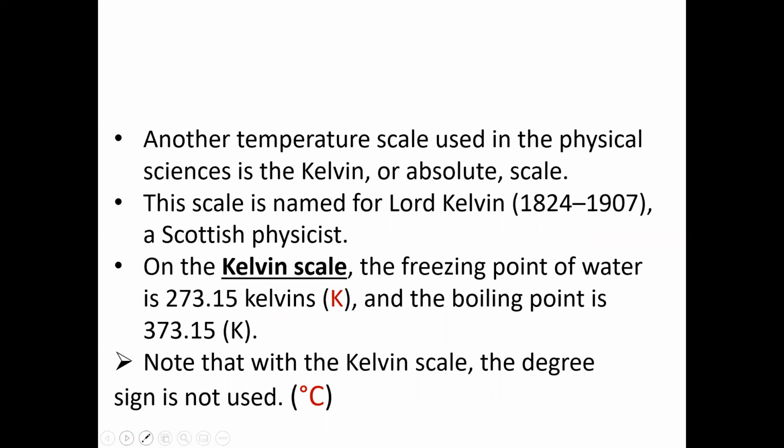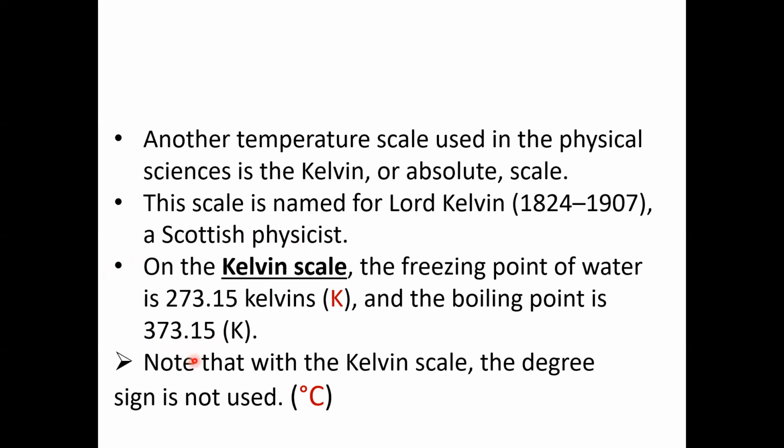Another temperature scale used in the physical sciences is the Kelvin, or the absolute scale. This scale is named for Lord Kelvin, a Scottish physicist. In the Kelvin scale, the freezing point of water is 273.15 Kelvin, and the boiling point is 373.15 Kelvin.